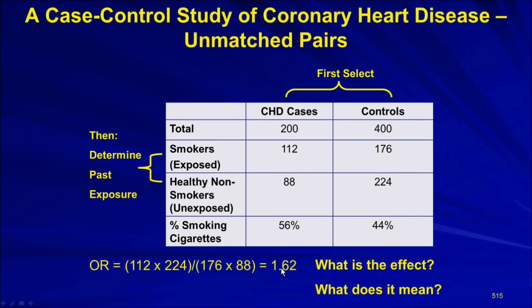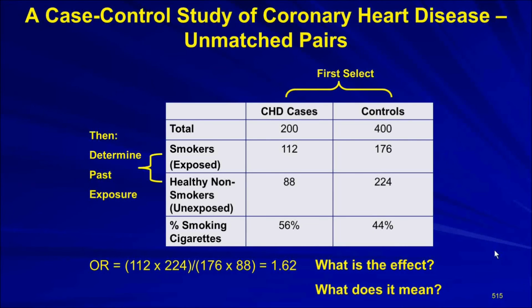There's a 0.62 increase over the null hypothesis of 1, or 1.62 times the risk of the non-exposed group, or another way you could say it is a 62% higher risk than the controls.